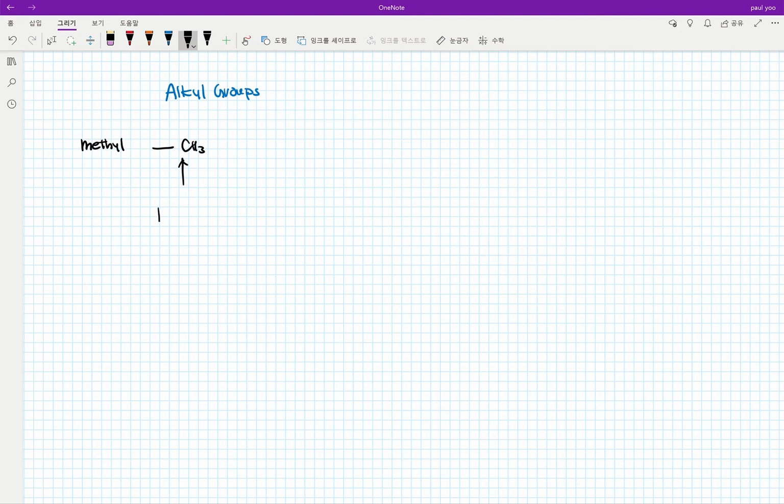So if it happened to be this, then it's going to be methane, but this A and E will be replaced by YL, so it's a methyl. And CH3CH2 will be ethyl. CH3CH2CH2CH2CH2CH2 will be a heptyl group.